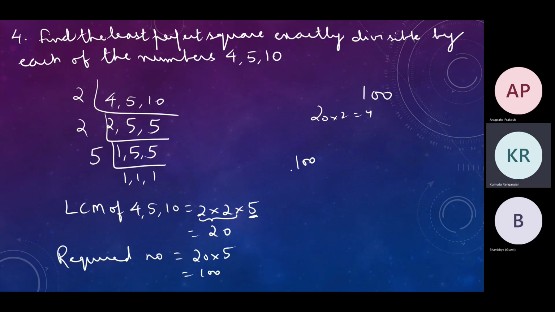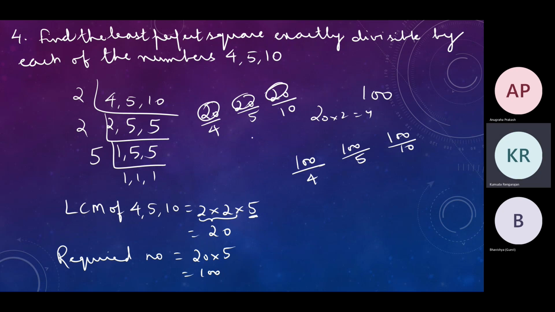And that's the smallest number which is exactly divisible by 4, 5, and 10. See, 20 is the LCM and 20 is divisible by 4, 5, and 10, but 20 is not a perfect square. So 100 is the smallest perfect square exactly divisible by 4, 5, and 10.